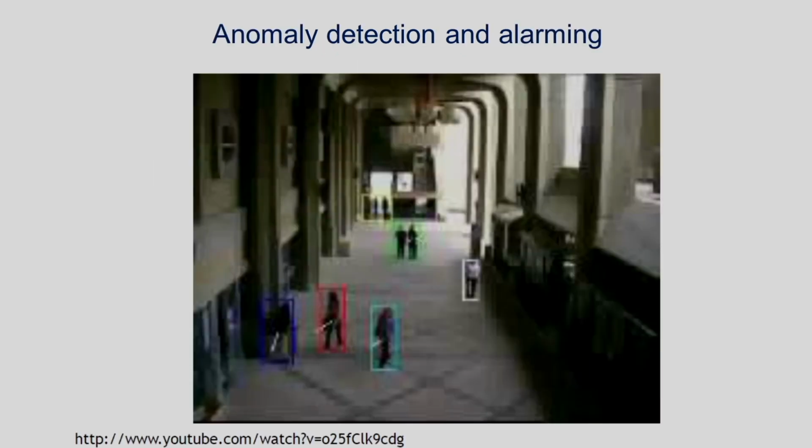In the figure you can see I have shown one example, that is the anomaly detection and alarming. Here you can see the tracking, that is people tracking, and from this I want to detect anomalies, and accordingly we can give some alarms based on the anomalies. So this is anomaly detection and alarming.